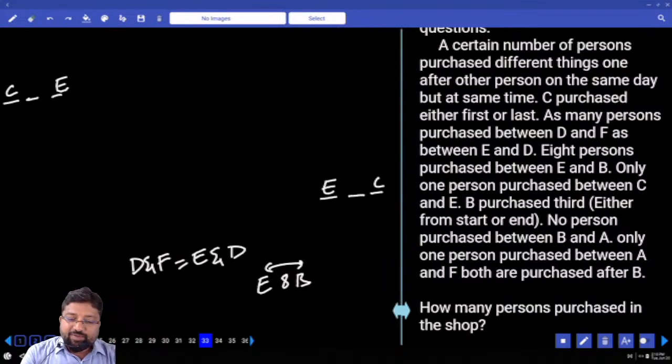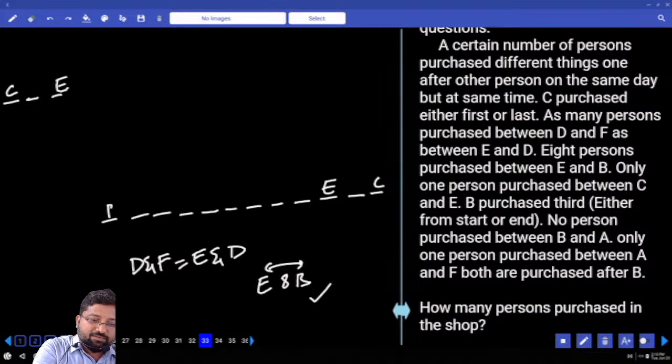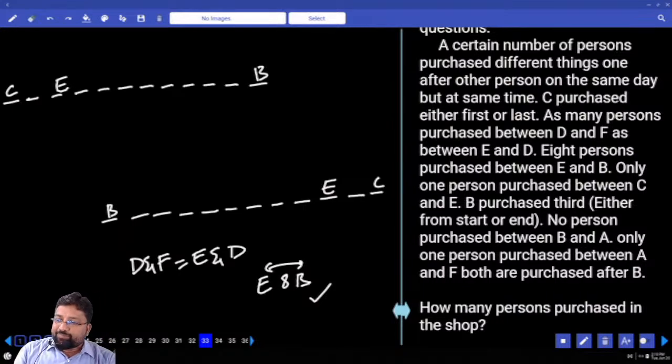Okay, how many persons between E and B? B purchased third either from first or from end.